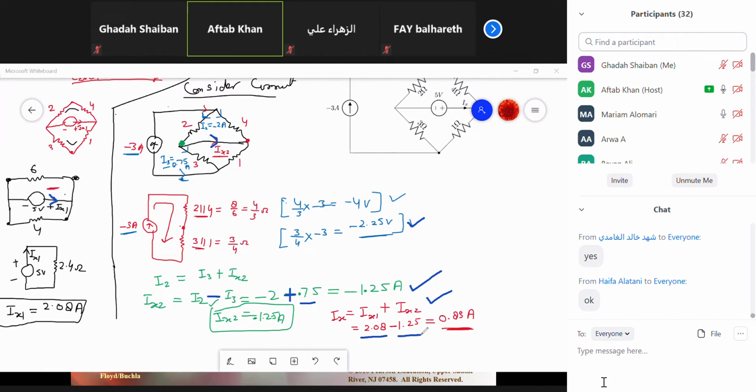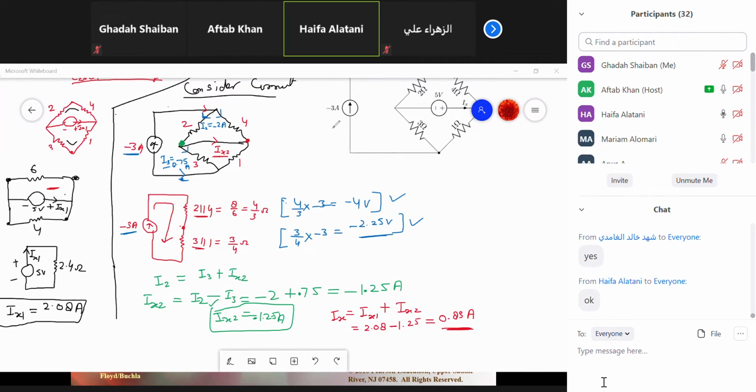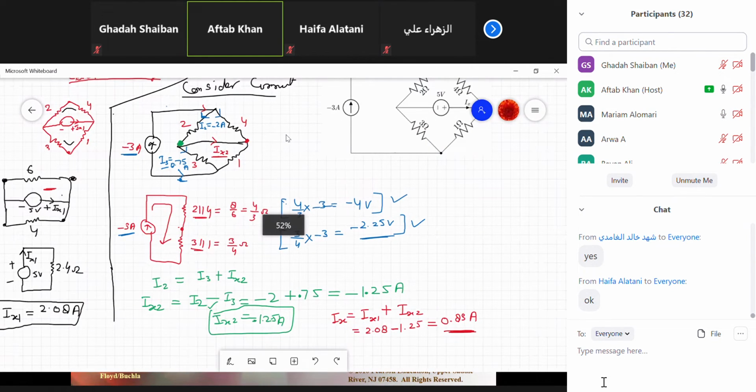The other value is a negative value, so keep it as it is. You will get the answer, which is 0.83 ampere. This is the overall current flowing in this circuit, which is Ix. Clear to all of you? You can take a screenshot of this solution.